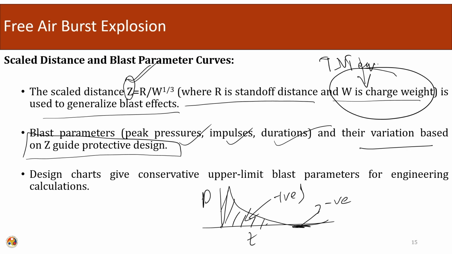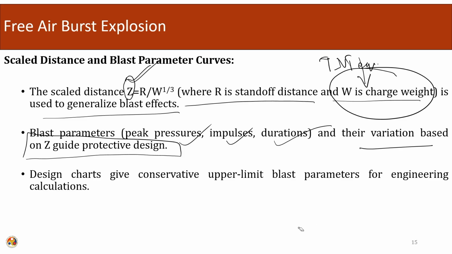So, using these parameters, we can produce design charts where we can see the effect of the blast pressure, the impulses, and the duration based on the standoff distances and the equivalent charge weight. This type of design chart is normally an upper limit and very conservative.